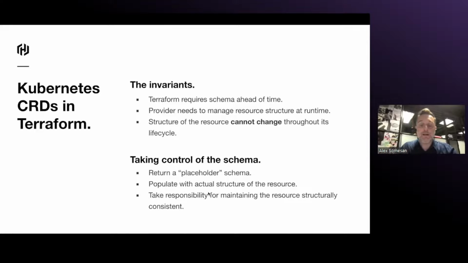To that end, Terraform tracks state and makes sure the state is consistent throughout the life cycle of the resources. So it will check whenever it gets new state back from the provider whether the changes to that state abide by a set of invariants, so that the resource structure doesn't change, so that illegal values are not returned, and so on and so on. But this is something that's, let's say, non-negotiable with Terraform. It makes sure that the state stays consistent.